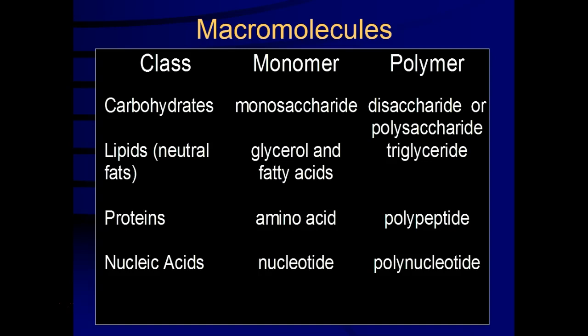What's the polymer of amino acids? Polypeptide. So you're going to see this on several quizzes throughout the semester. I'll have this table, and I'll give you the class, and you tell me what the monomer is and what the polymer is.